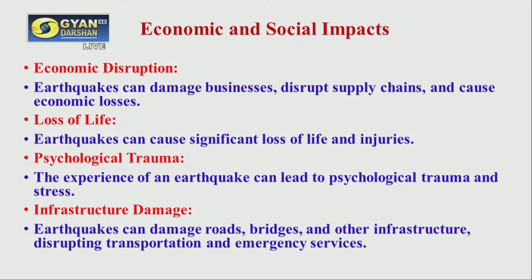Economic disruptions occur due to damage of businesses and disruption of the supply chain, and because of these things, it can cause economic losses. Then loss of life, basically, because if some structure gets damaged, then the failure of structures can lead to the loss of lives.